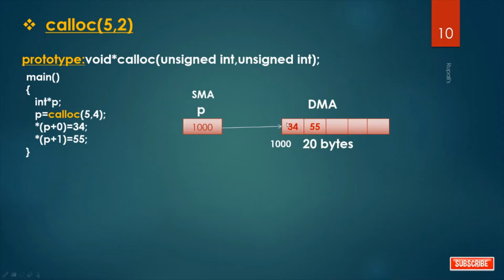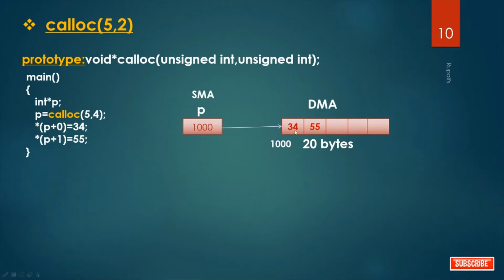Now, if I want to store 34 and 55 here, how can we access this location? By this pointer, because this location has no name. If I store 34 here, you have to write star p plus 0. p means 1000, 1000 plus 0 means 1000, star 1000 means value at 1000.